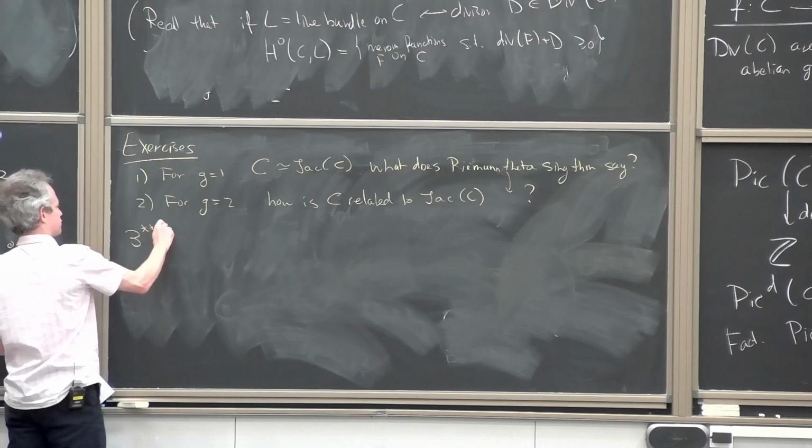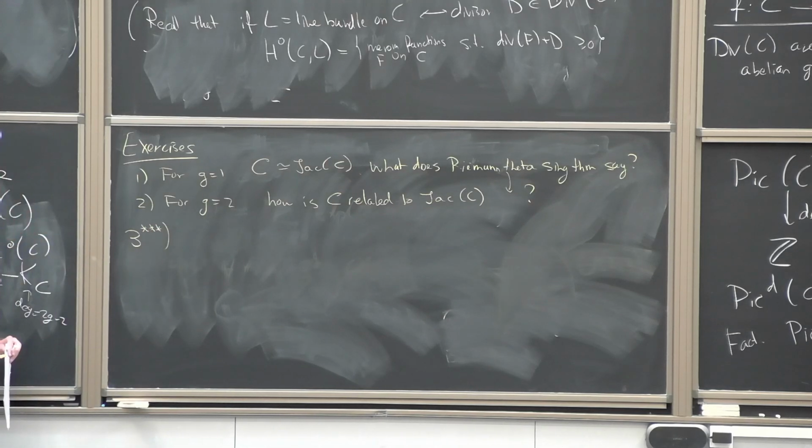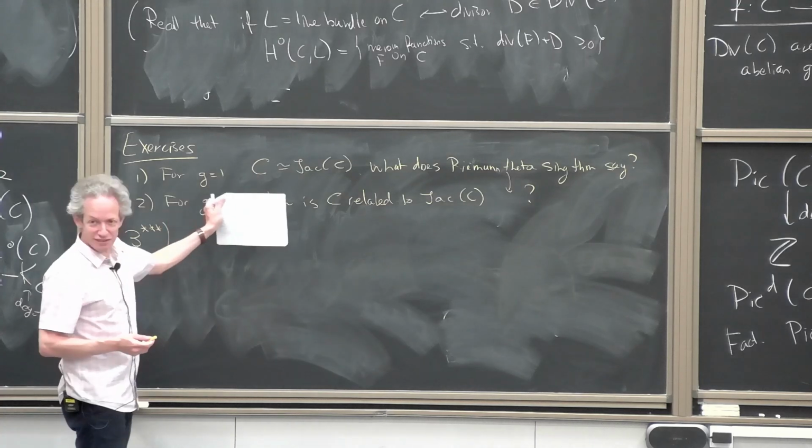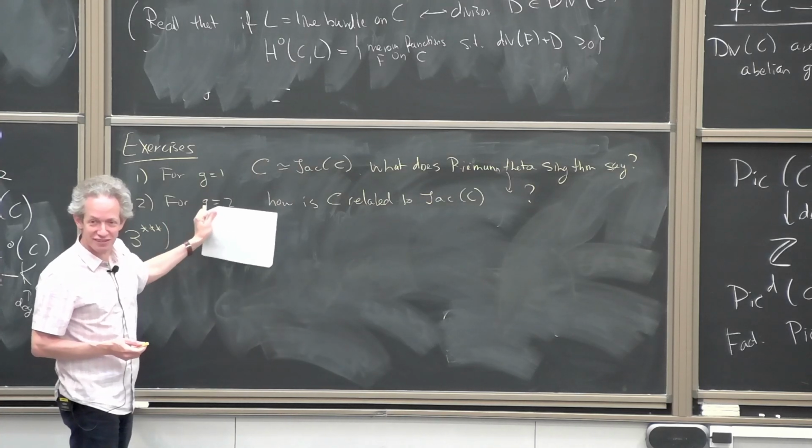So the way you define the Jacobian, for g equal to 1, it has a 0. Because you said it's degree g minus 1. But a curve of genus 1 doesn't have a 0. So this is not canonical. Did I write canonical? You said.